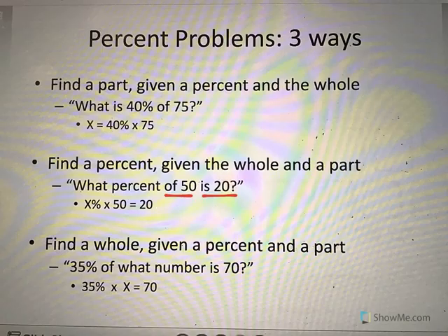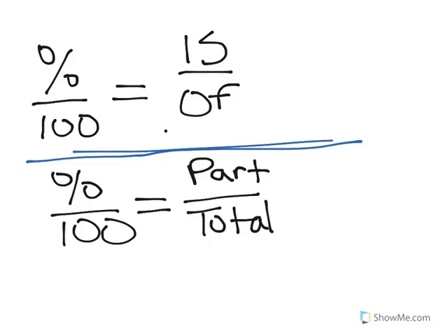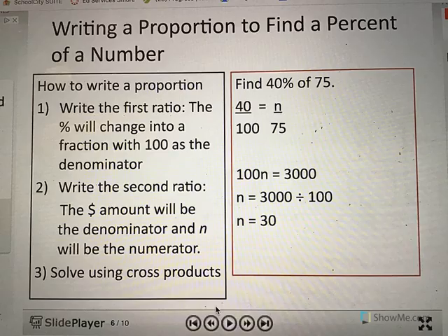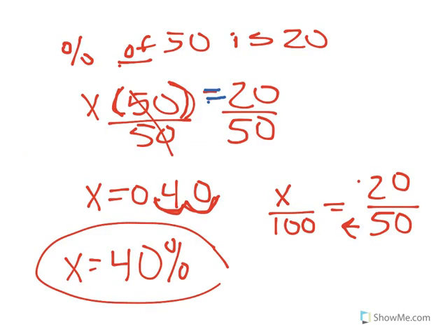Let's look at the last one. Find a whole given a percent and a part. And again, if you look on this page, part over total. So what do we have? 35% of what number is 70? So we have 35% of a number is 70.